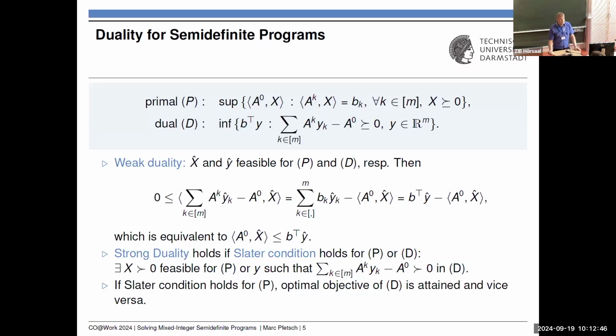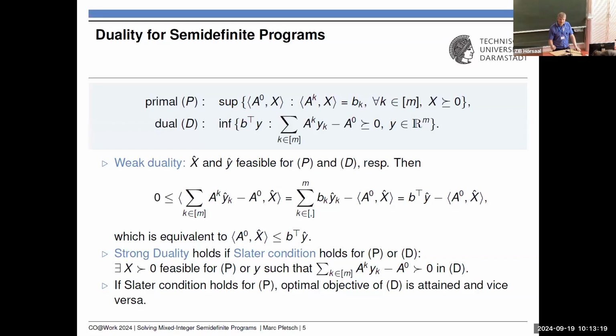And now, of course, the question arises, do we also have strong duality? Can we prove that there always exists an X hat and Y hat so that the values are equal? Under certain conditions, that is true, namely if the Slater condition holds. The Slater condition for the primal says that there exists a matrix X which is positive definite, so not positive semidefinite, but positive definite.